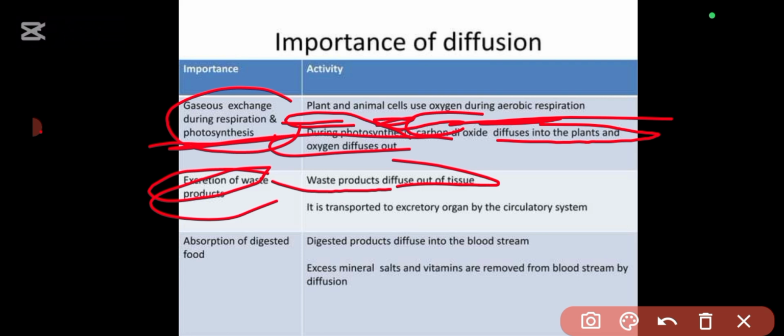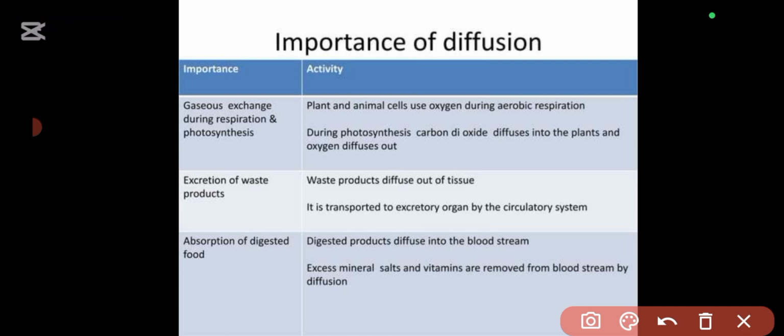That's the movement there, and that is by diffusion. Of course, reabsorption also takes place in the tubule. The capillaries take some materials again out of the filtrate inside the tubule. So that's just one of the importance, excretion.